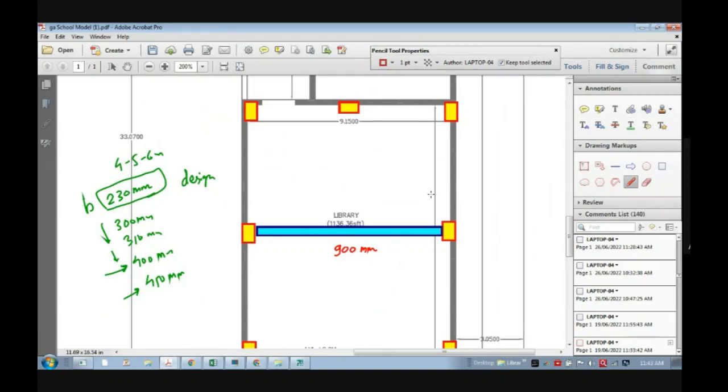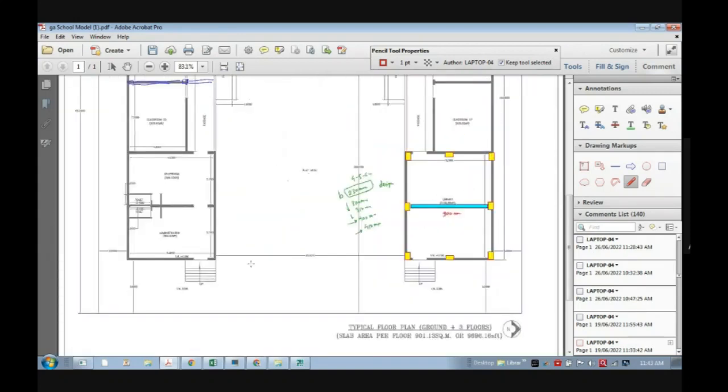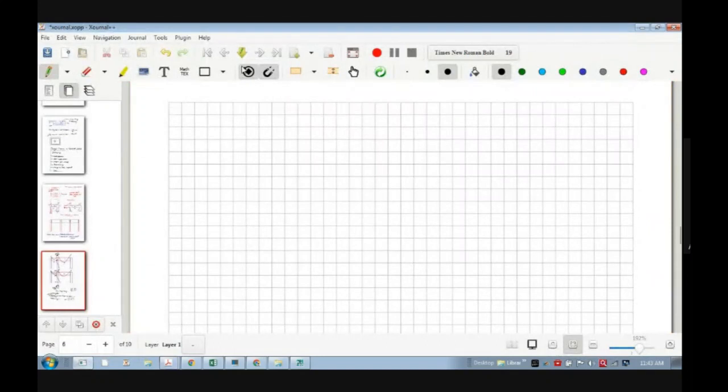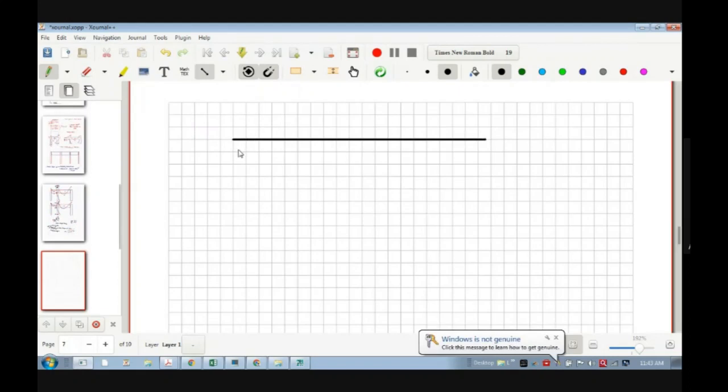समझो let's say अभी ये library room generally school floor to floor height is more. Let's say I'm assuming for the time being ऐसे हो सकता है. ये समझो school building 3 meter का ही है, समझो floor to floor height is 3 meter only.